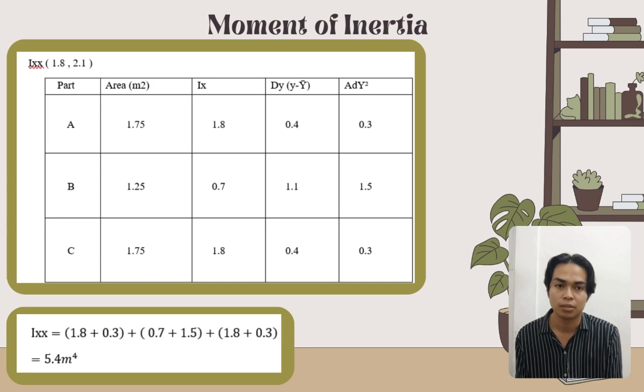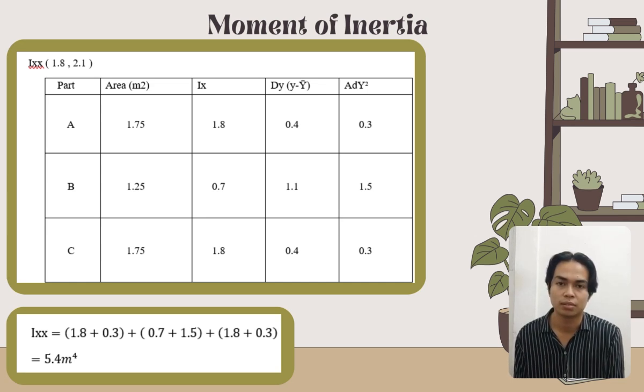Then calculate the dy, and after that we multiply the area with dy squared. After that we add up each object. So I get 5.4 meter to the power of 4 after the calculations.